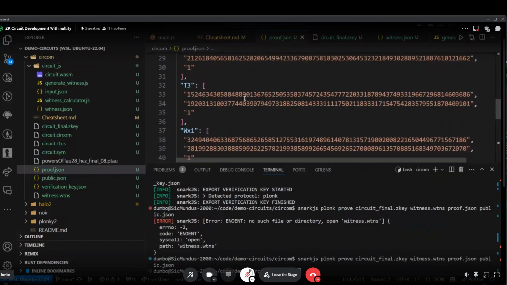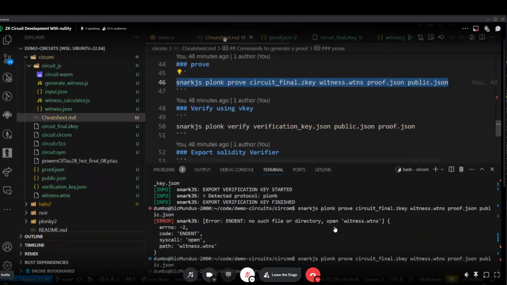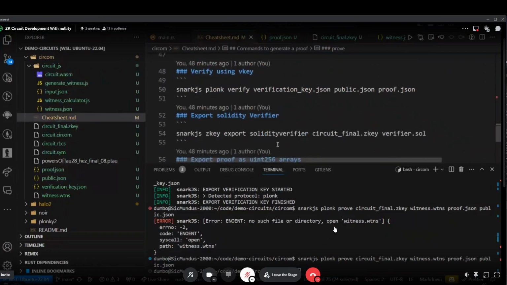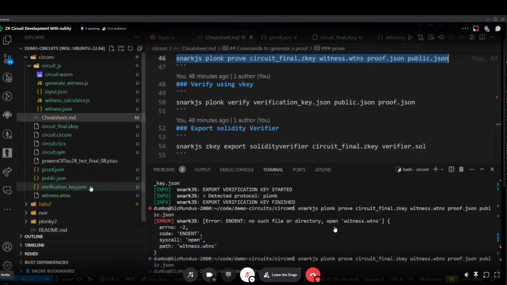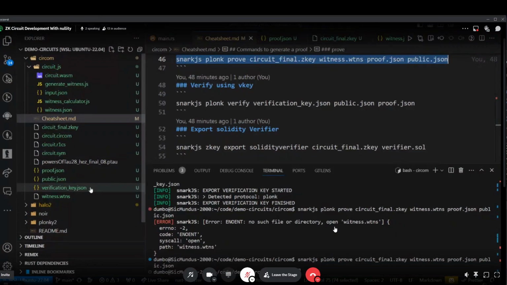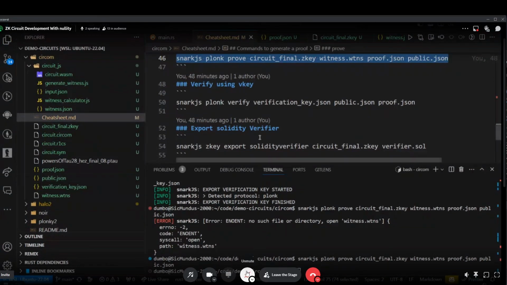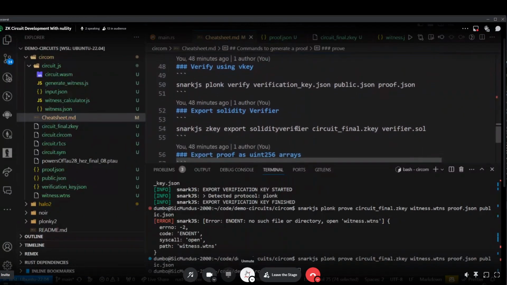What's the issue? Right. So we could do two things. There's our proving key and our verification key. If you want, we could just verify it using our command line, or we could use our deployed contract and verify it using a Solidity contract. So let's just do this one first.